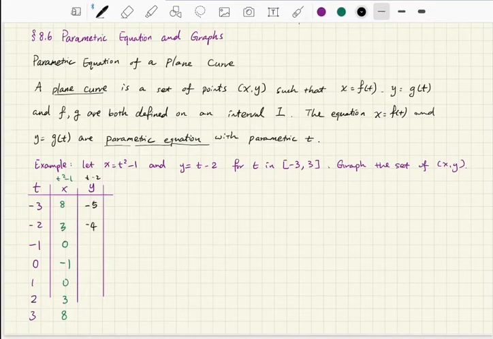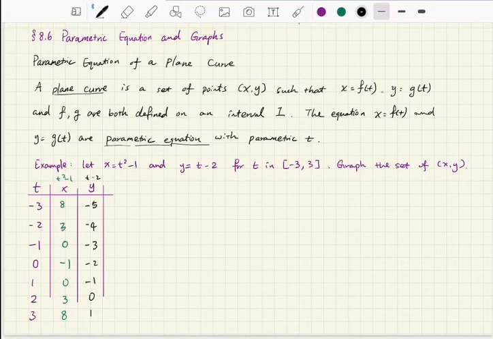When t equals -1, y is going to be -3. When t equals 0, y is going to be -2. When t equals 1, y is going to be 1 minus 2, so -1. When t equals 2, y is going to be 2 minus 2, 0. And when t equals 3, y is going to be 3 minus 2, 1.